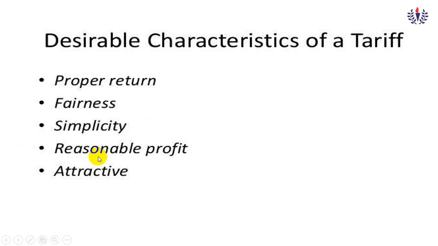And next one, it should have a reasonable profit. This we already discussed. The profit of the element and the tariff should be reasonable, because it is a public utility company. We know it is a government organization, and it generally enjoys the benefit of monopoly. So the investment should be relatively safe due to non-competition in the market.